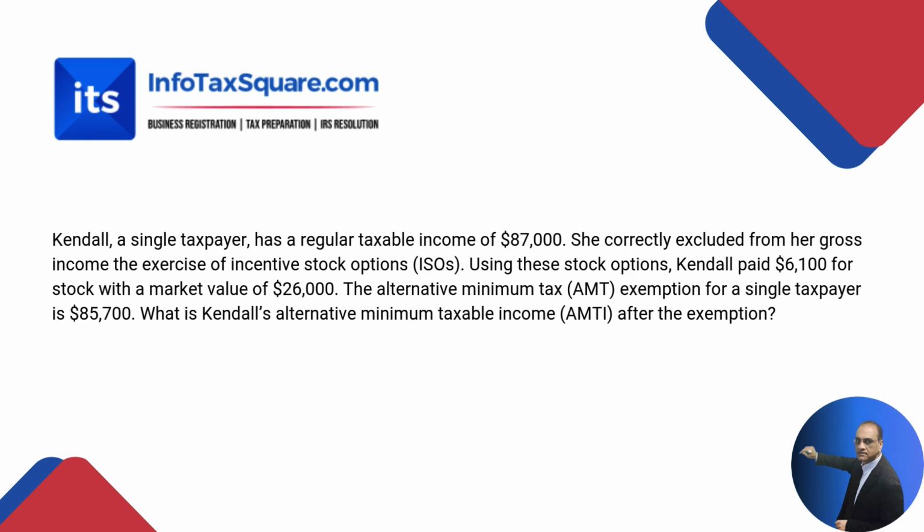Using these stock options, Kendall paid $6,100 for stock with a fair market value of $26,000. The alternative minimum tax AMT exemption for a single tax filer is $85,700. What is Kendall's alternative minimum taxable income after the exemption?